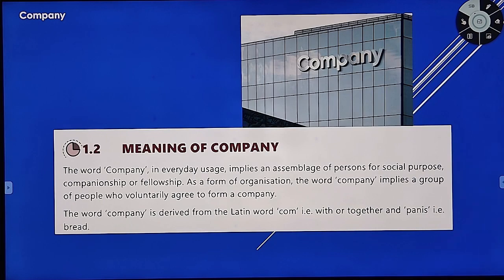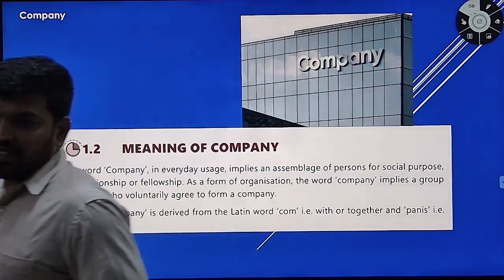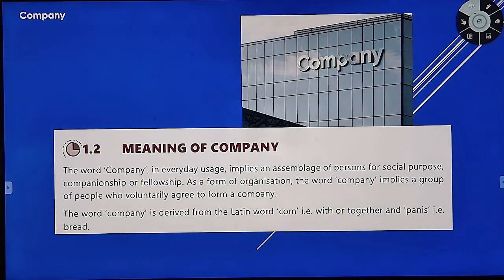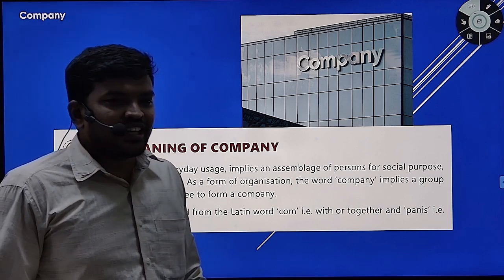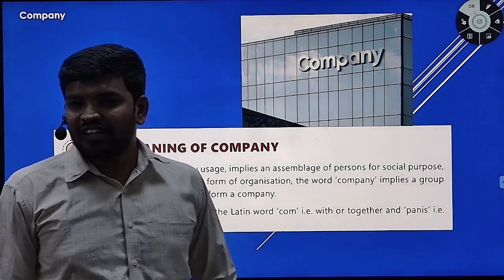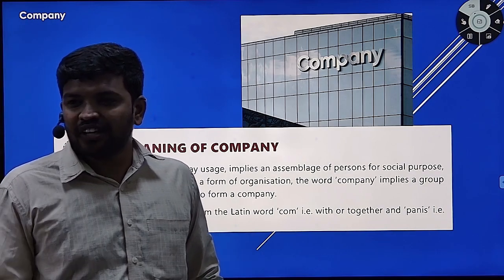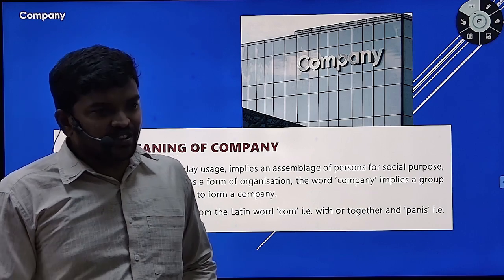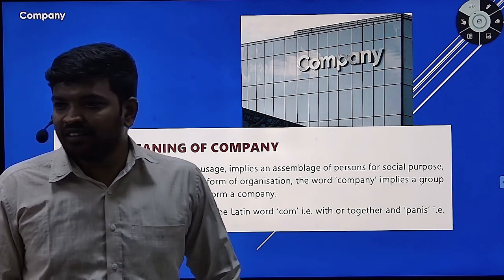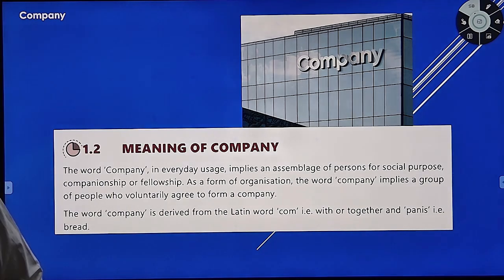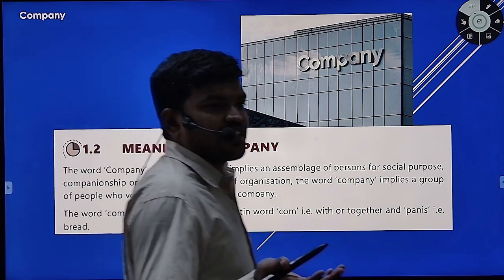Any other names? Any new name of any company which you can think of? Tata, very good. Tata has many. State Bank of India, that is also a company. It's a bank basically, but that is also a company sort of.